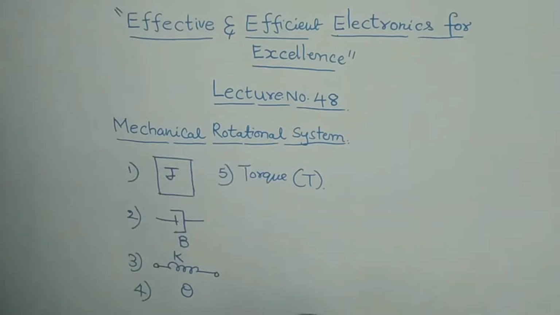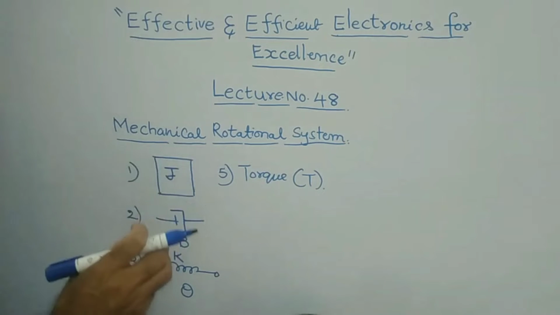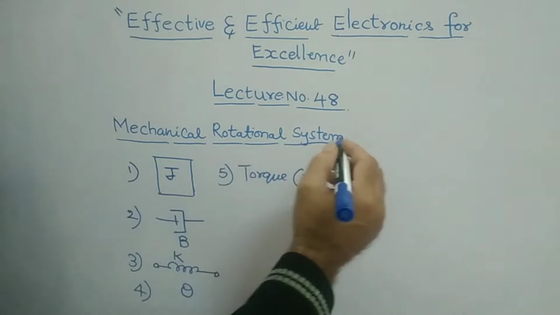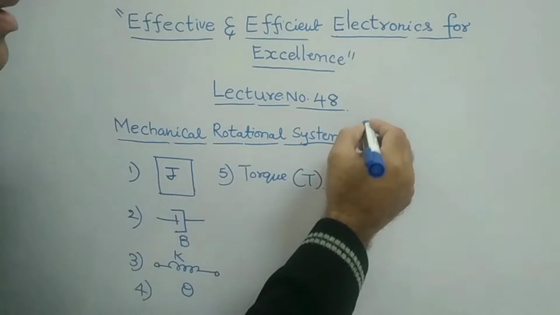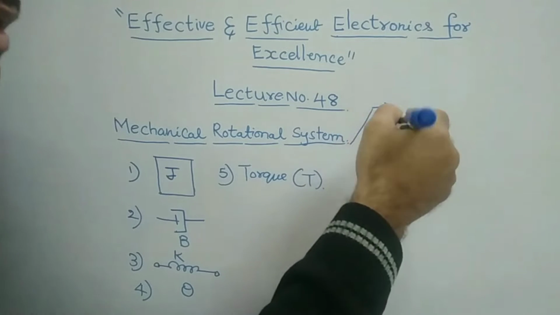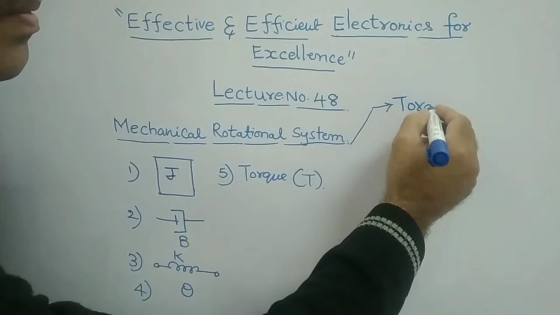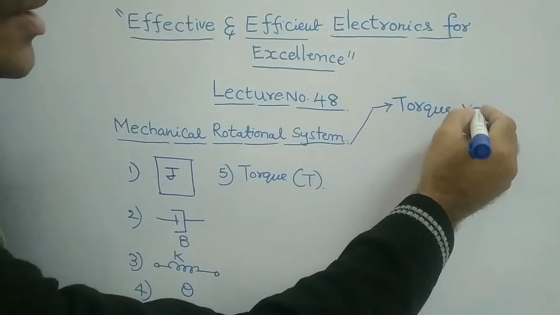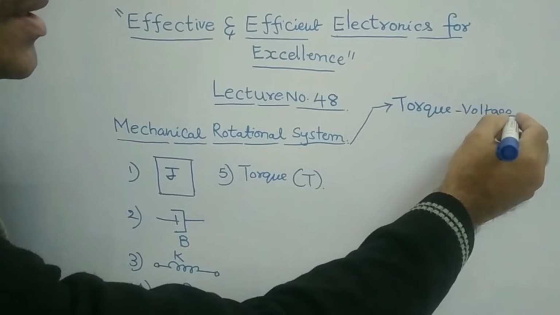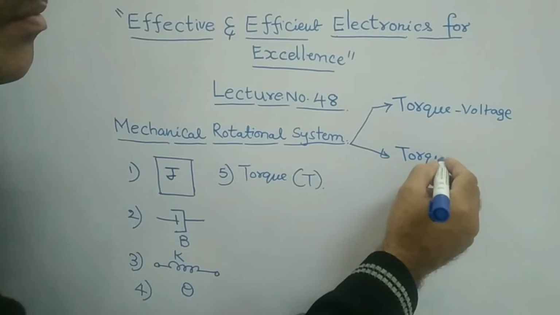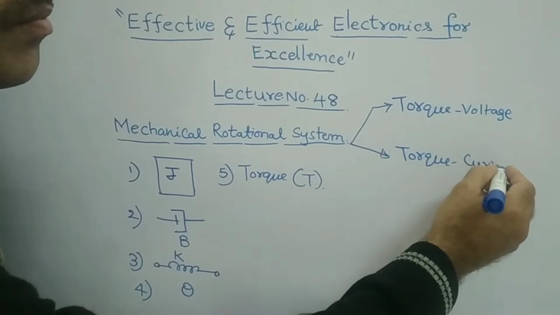Then, how are these mechanical elements converted to an equivalent electrical circuit? That is the question, using two kinds of analogies. As we have seen previously, here also in the mechanical rotational system you will be asked to convert to the electrical equivalent using the torque voltage analogy, and the second one is the torque current analogy.